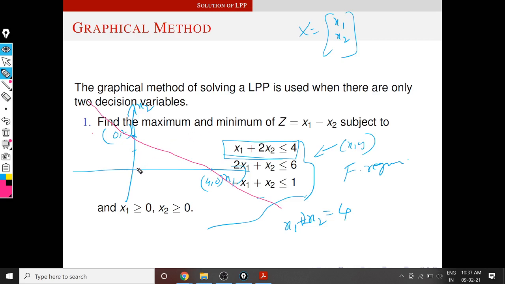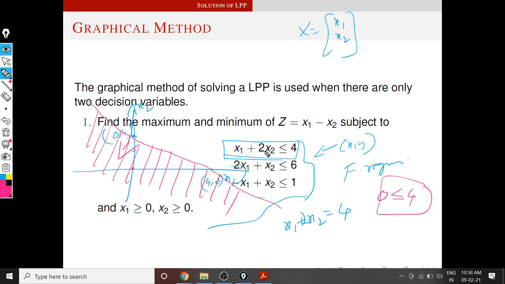We simply substitute a point not on the straight line. In this case the origin is the simplest one, and the origin is (0, 0). So when x1 and x2 are 0, the left side becomes 0. 0 is less than or equal to 4. That means the origin satisfies this inequation. So this is the region, this entire region. So x1 plus 2x2 less than or equal to 4 means this region.